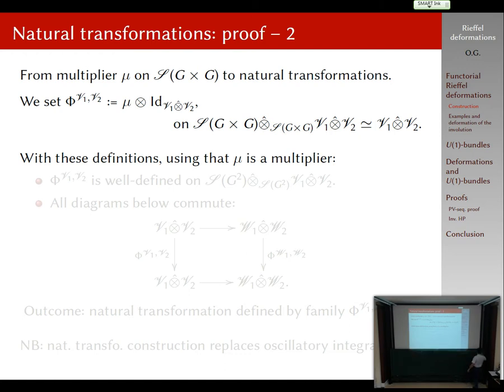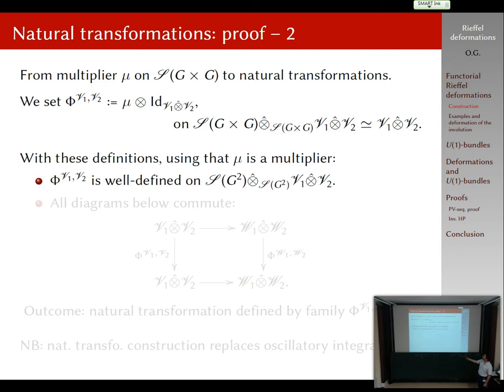Okay. So the property that we are going to use, the critical one, is that when you do the tensor product of this over the Schwarz algebra here, you end up with the vector space itself. So we define something at the level of the decomposed algebra as being the multiplier times the identity.